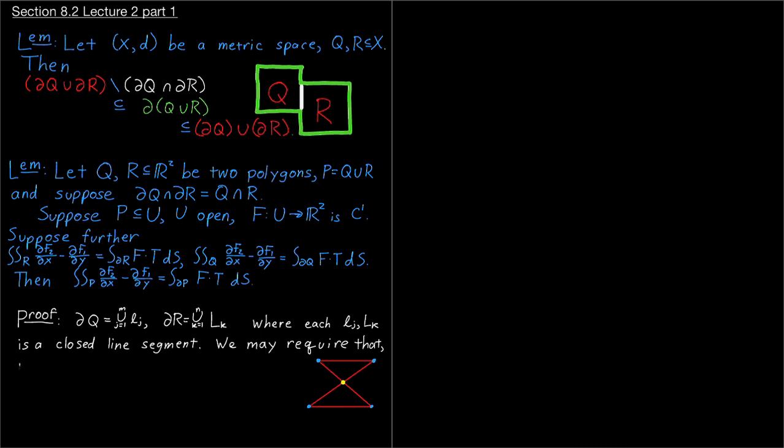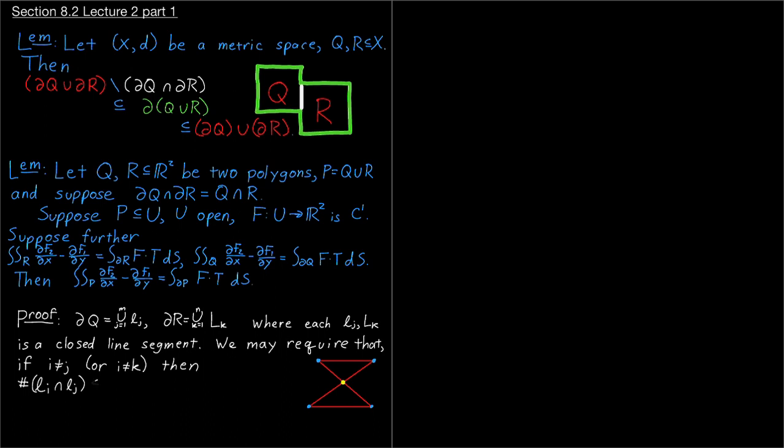that if you take 2 different edges, the edges L_i and L_j, they intersect only at their endpoints, only at one endpoint.